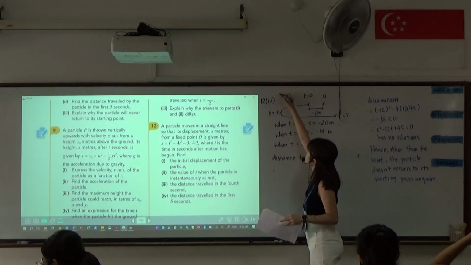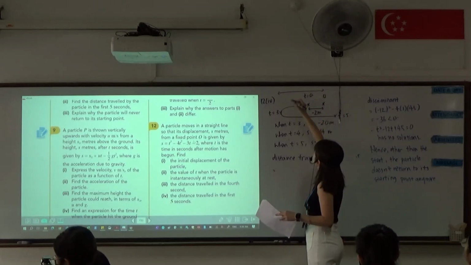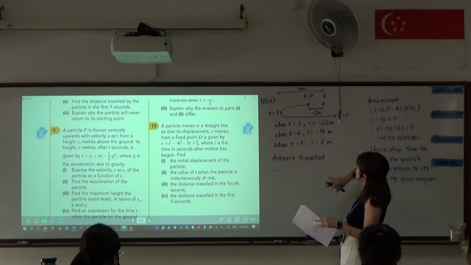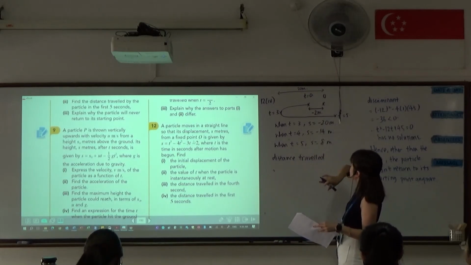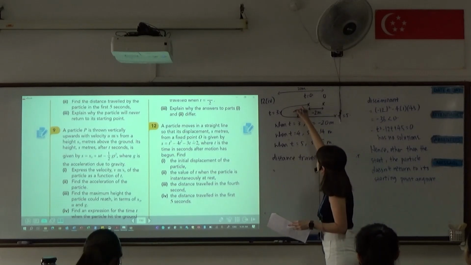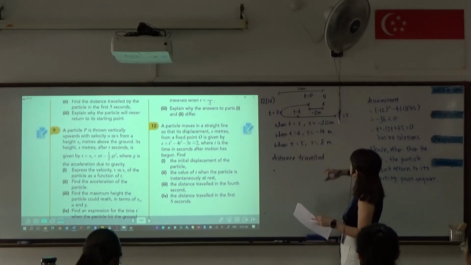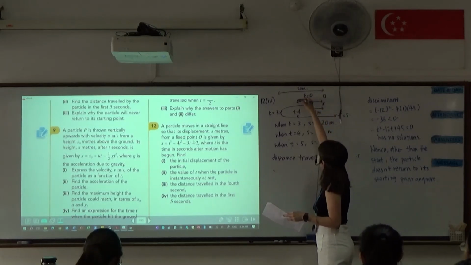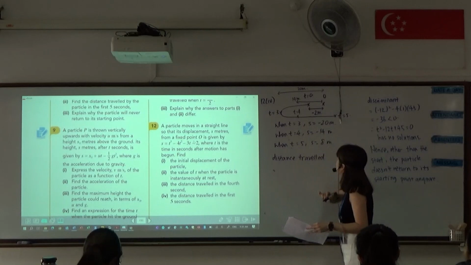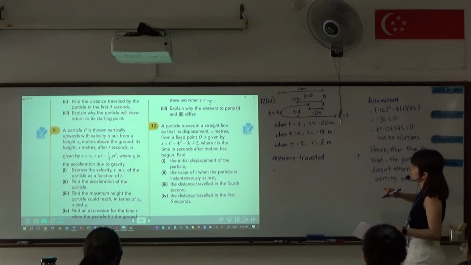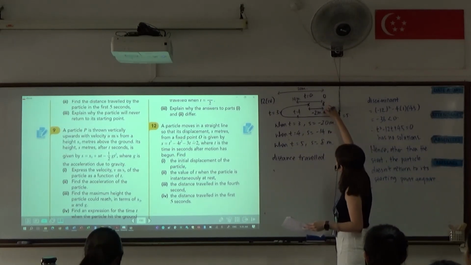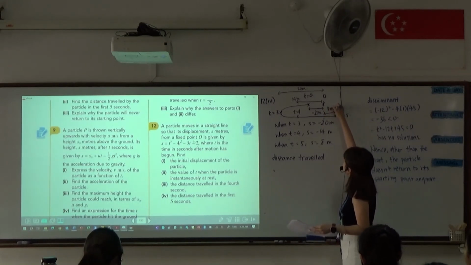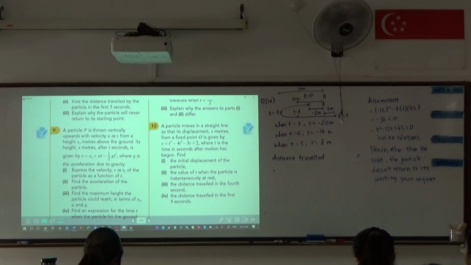That means this distance here to O is actually negative 20, or rather 20 meters. And then when t equals 4, s equals negative 14. So let's say t equals 4 over here, we get this to be negative 14. And when t equals 5, s equals 8. So from your reference point O, at t equals 5, your distance is 8 meters.